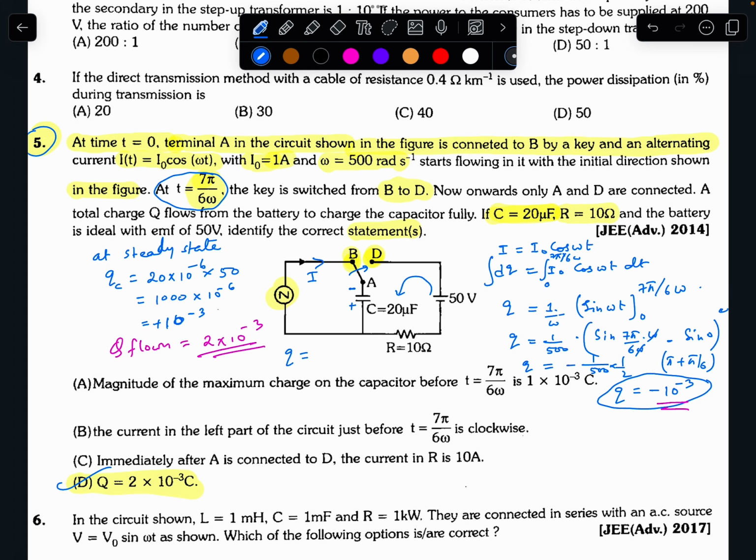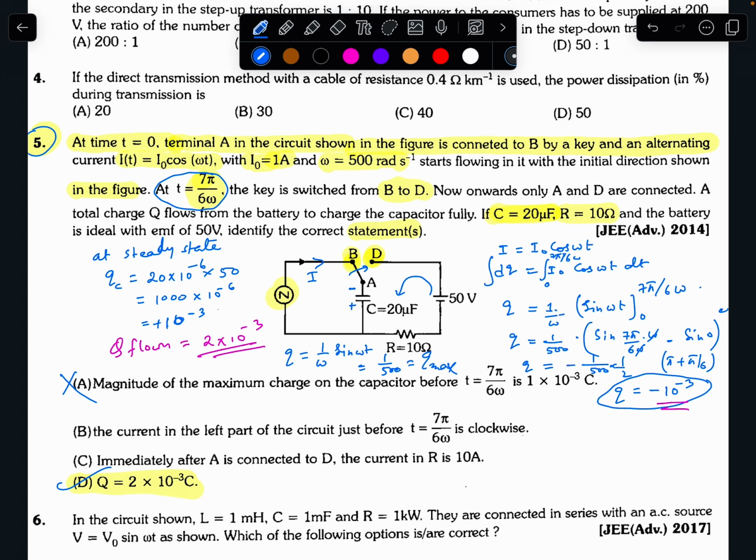Q is 1 by omega sin of omega t. What is the maximum value of sin omega t? 1. So 1 by 500 is the maximum charge, this is q max. So the first one is definitely wrong.